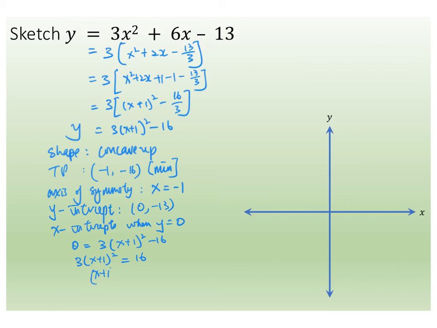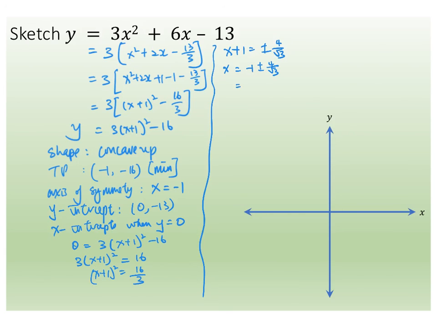(x plus 1) squared equals to 16 over 3. Continuing up here, x plus 1 equals to plus or minus 4 over square root of 3, and therefore x equals to minus 1 plus or minus 4 over square root of 3.